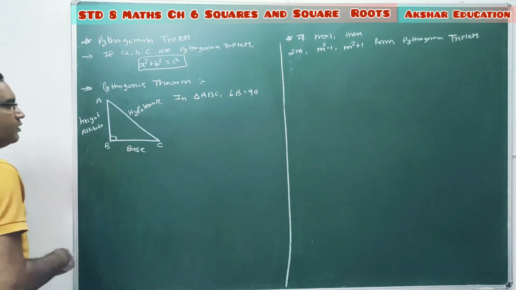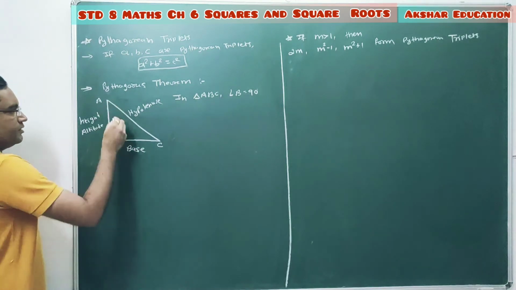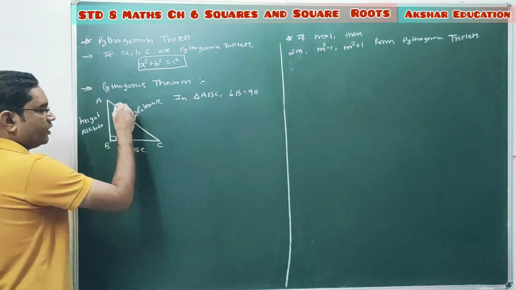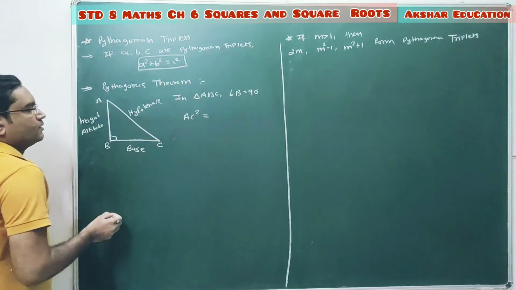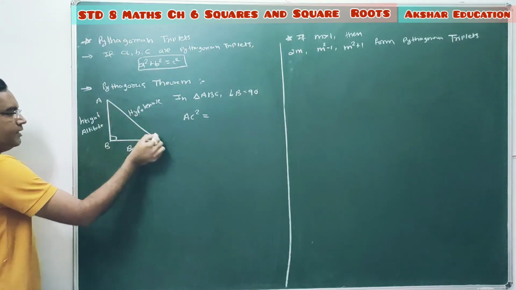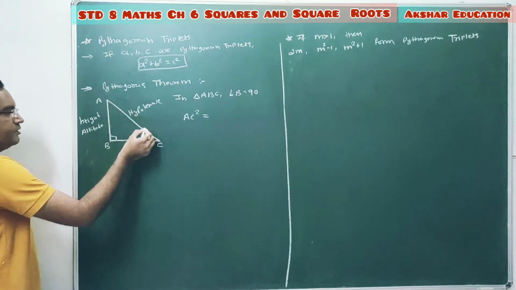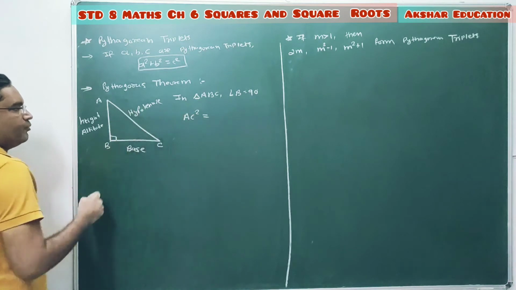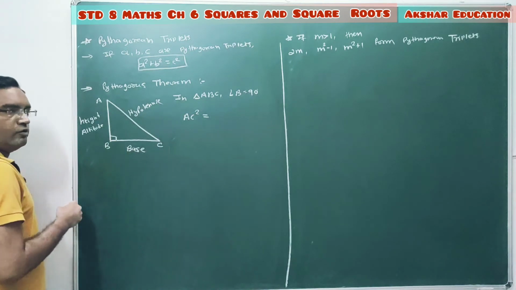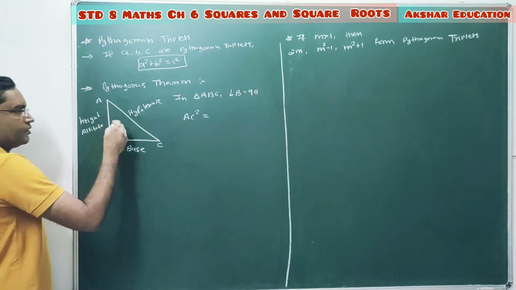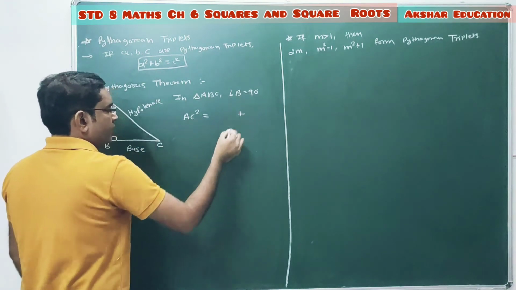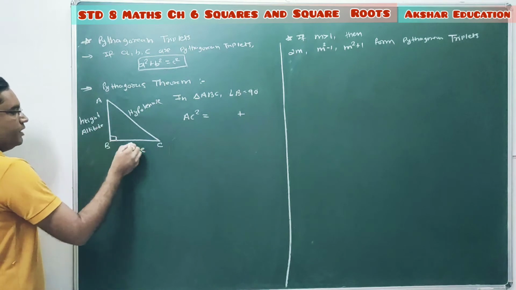So according to Pythagoras, in right angle triangle, the square of the length of the hypotenuse, which is AC square, is equal to the sum of squares of its base and altitude.